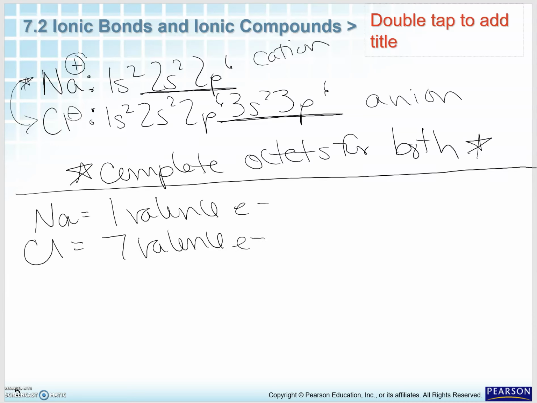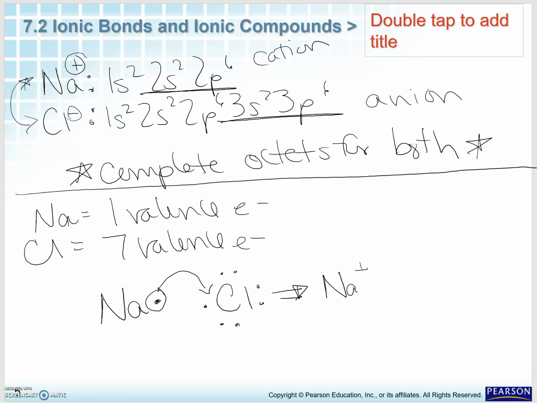So if you were to draw the electron dot structure, sodium would be Na and then 1 dot, and chlorine would have 7 dots in total. To create this idea of donating an electron, you would circle the electron from your donor and point to where it's going to go. So it would go from our Na to the Cl to create two new electron dot structures.